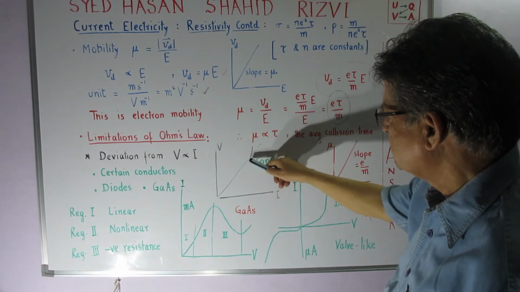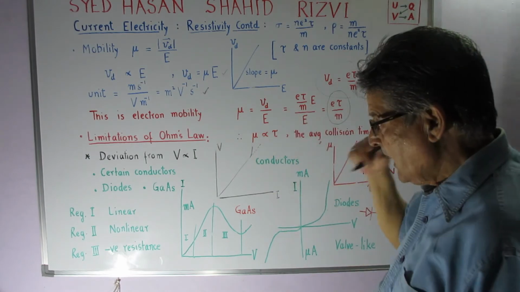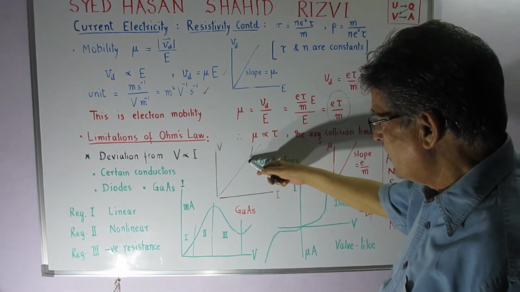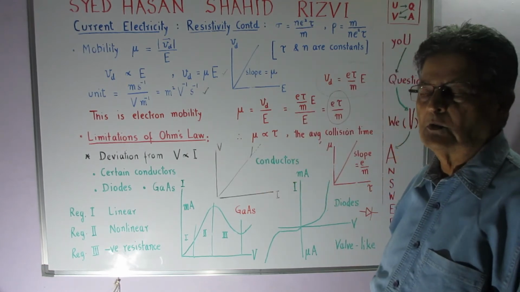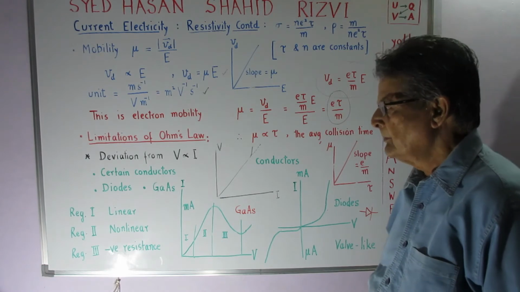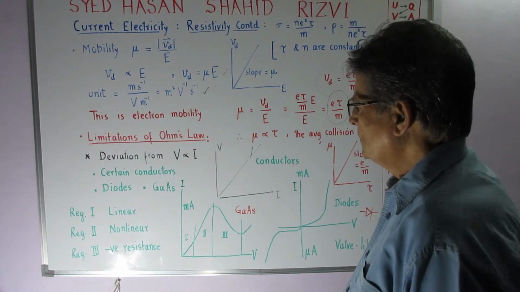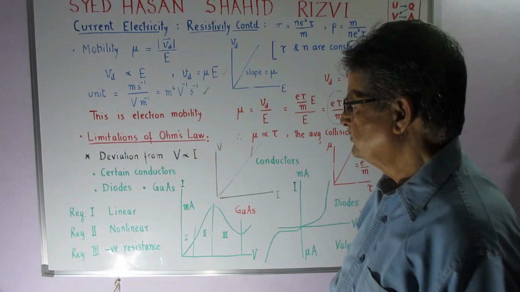And this is what the deviation shows: after a certain amount of current, the behavior becomes different from what is Ohm's law. Okay. So, certain conductors.